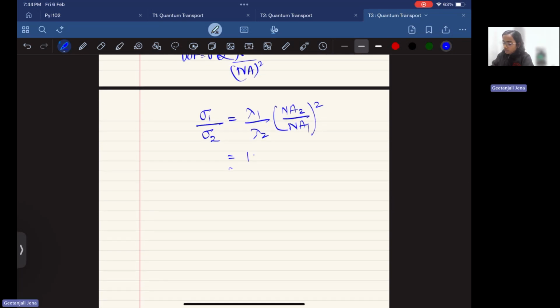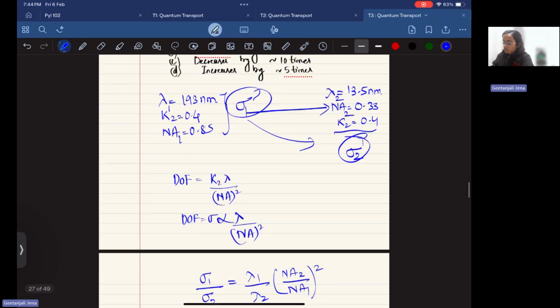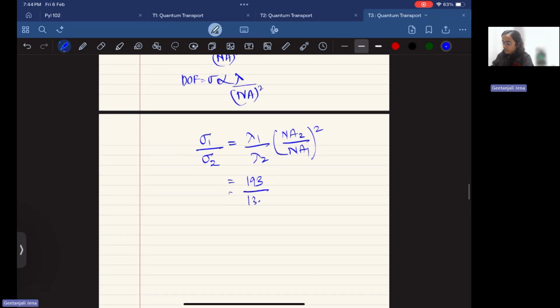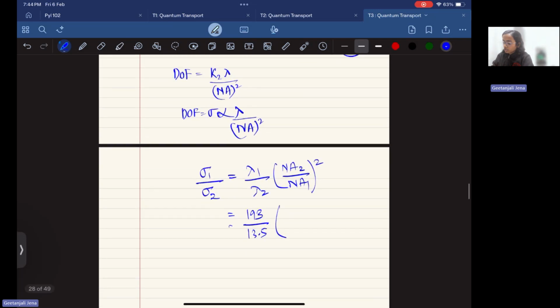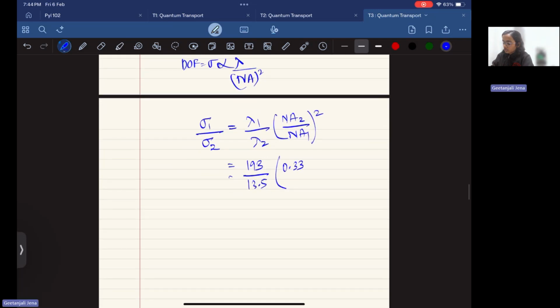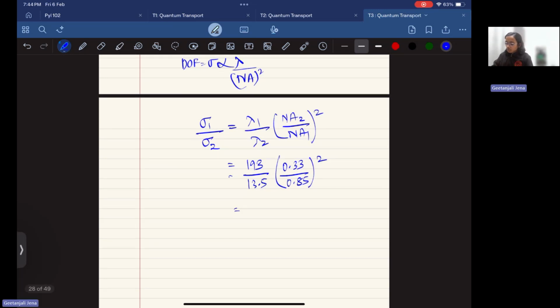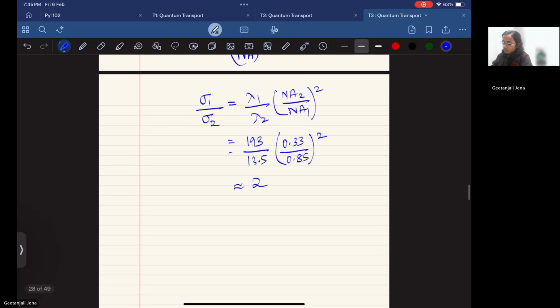We have 193 divided by 13.5, NA2 is 0.33 and NA1 is 0.85. So this will give, I think, approximately 2. So that means sigma 1 is 2 times sigma 2.